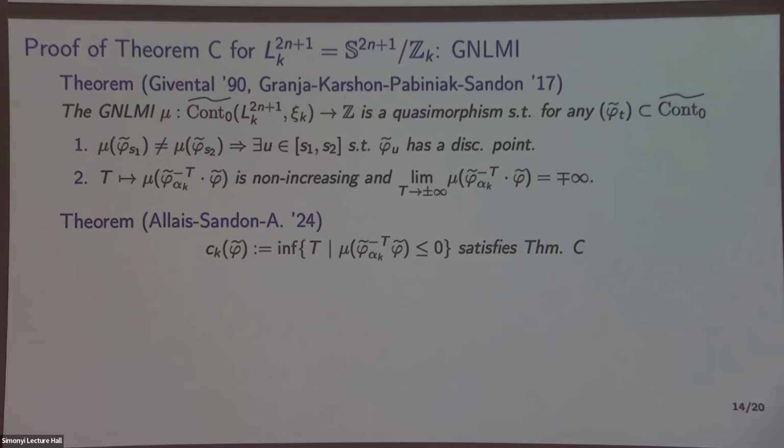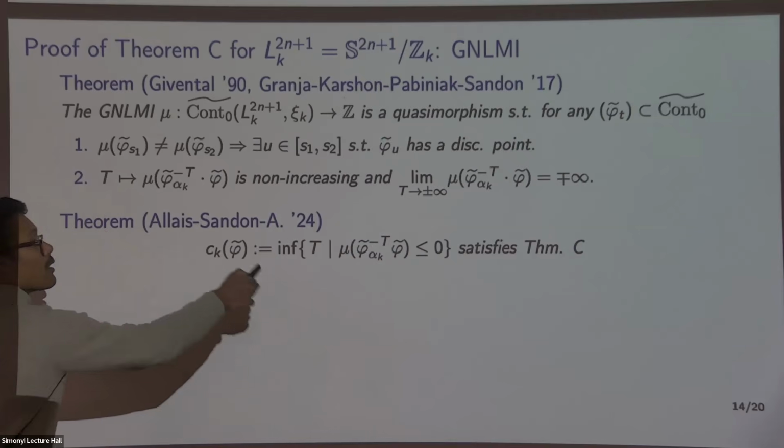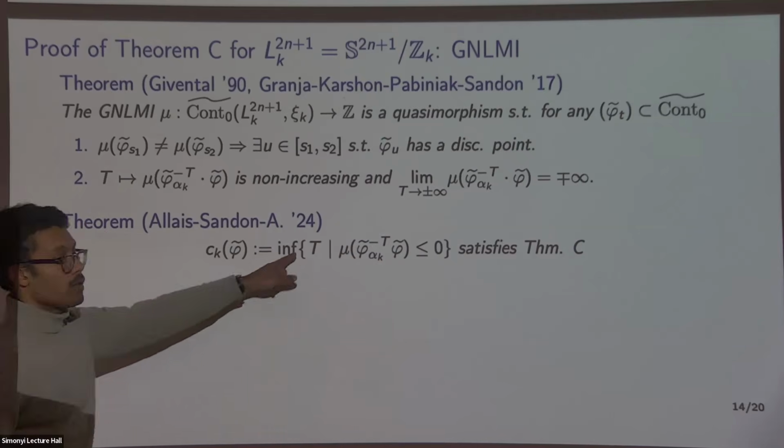Moreover, it jumps from positive to negative exactly when you get a discriminant point. So this map having a discriminant point is exactly saying that phi tilde has a translated point of translation t.